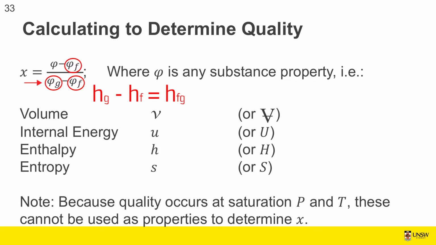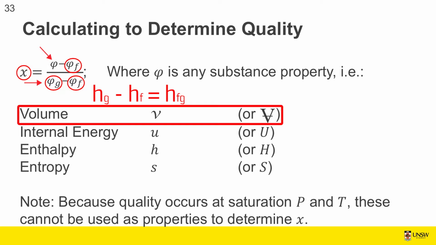So if you know the value of the property, and then you know what the value would be if it was a saturated fluid or a saturated gas, then you can calculate the quality X. And this is true for all properties phi. Okay? So in our question case, we've got specific volume.